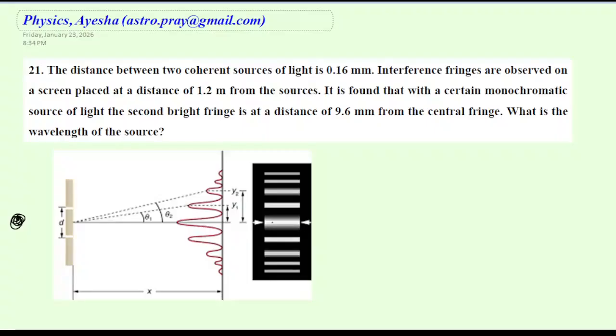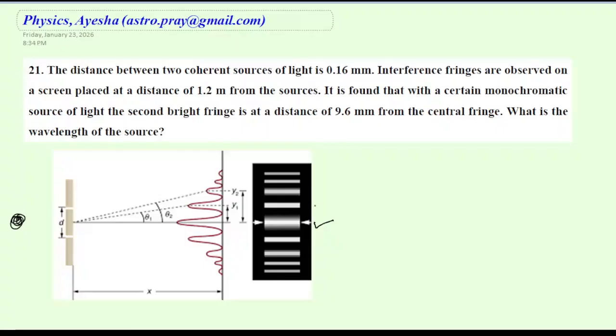The pattern looks somewhat like, in the center there is a bright fringe. As we go away from the central fringe, the intensity of the light also decreases, as well as the width of the fringes will decrease. Now, if we try to draw a graph of that, the graph looks like here. When I say central bright fringe, I mean this.